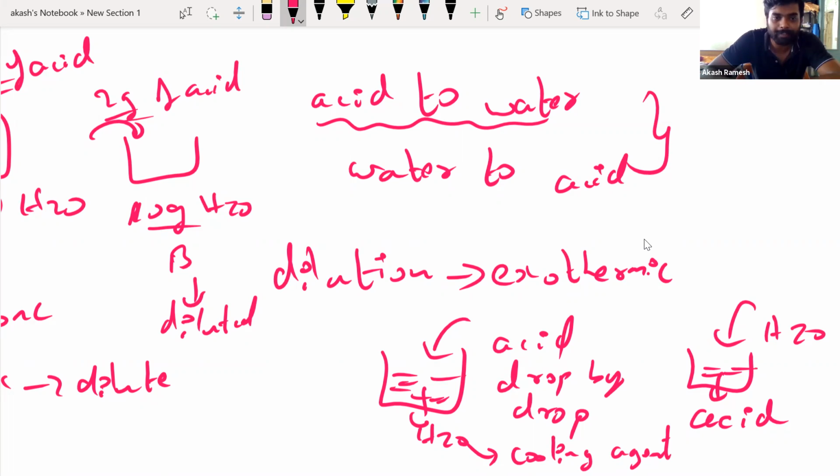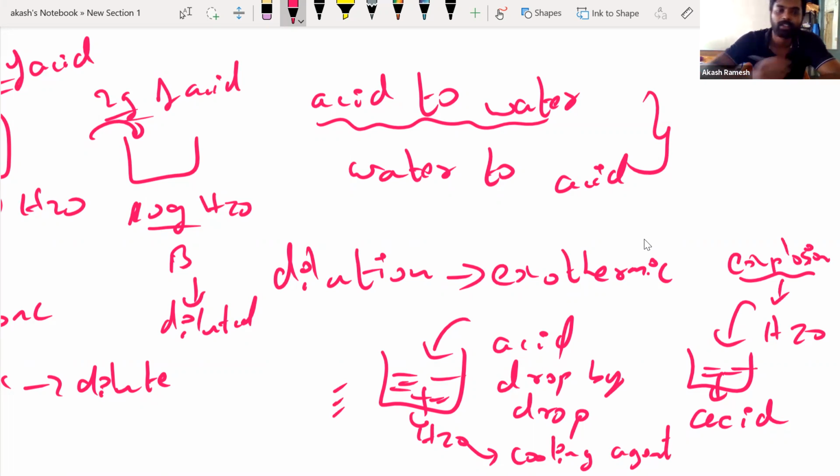Thereby it is safe to add acid to water rather than to add water to acid. This can even cause an explosion if you do it at a random pace. That much heat will be produced. Not like a bomb explosion, but still, a small explosion can happen.